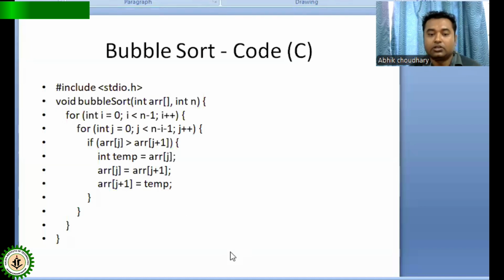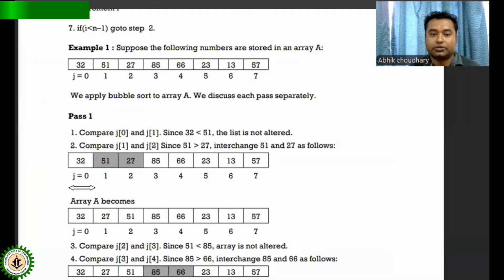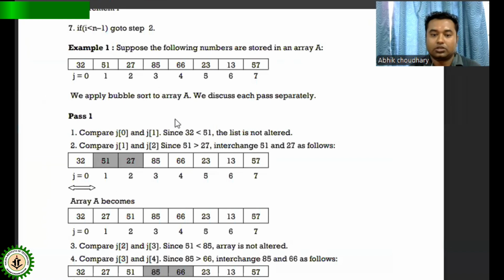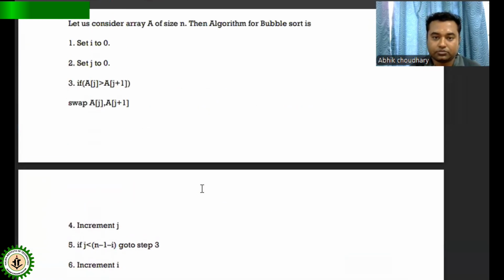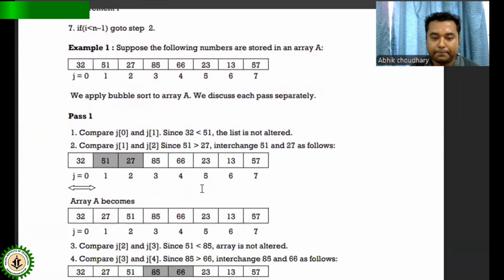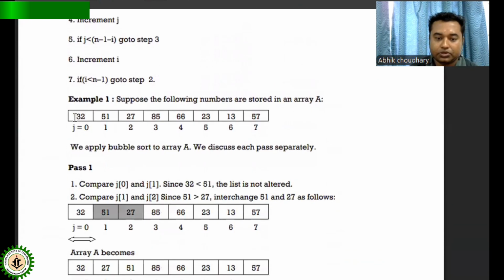Again, take another example. This is the array 32, 51, 27, 85, 66, 23, 13 and 57.